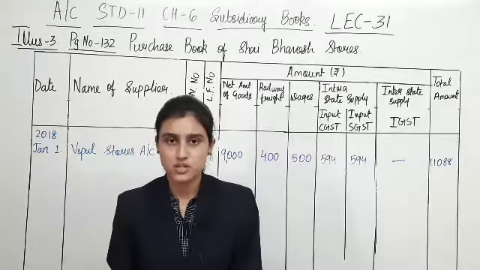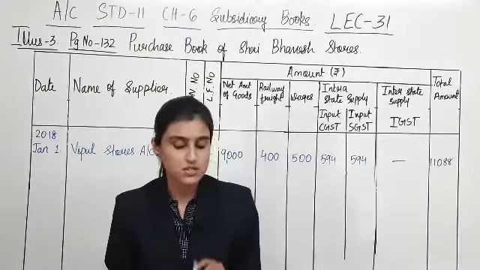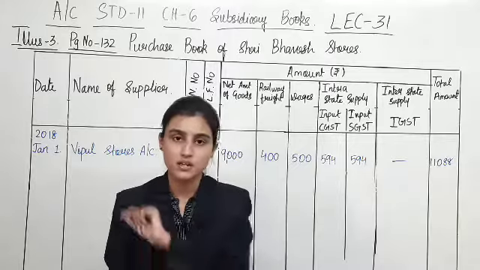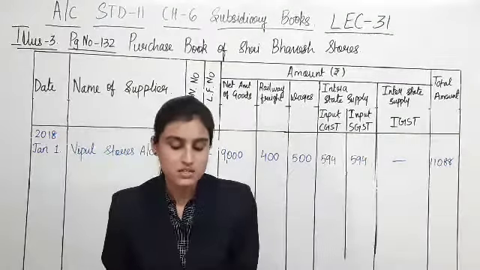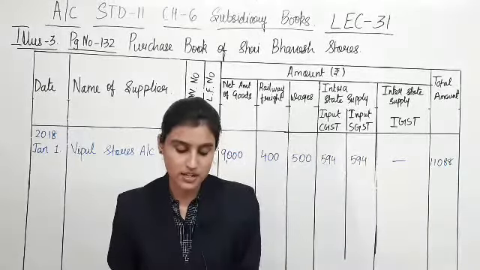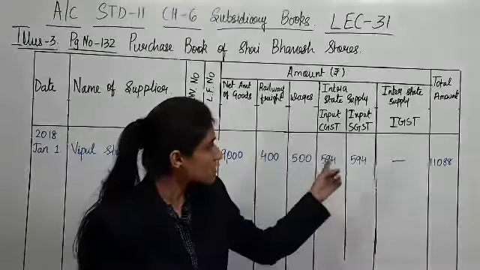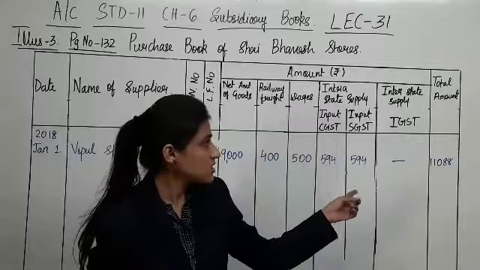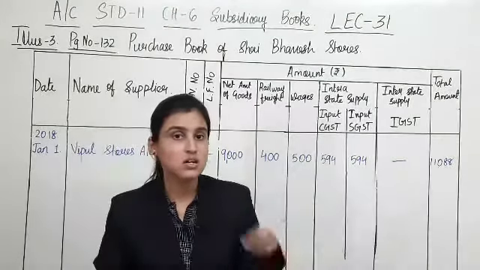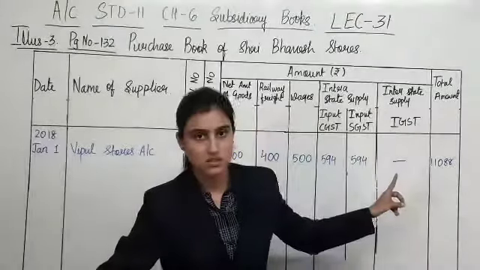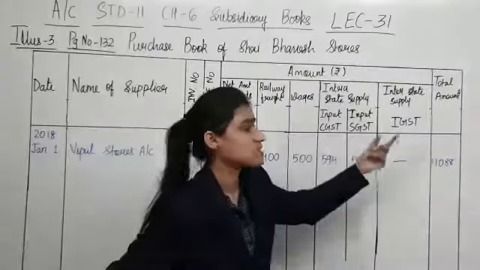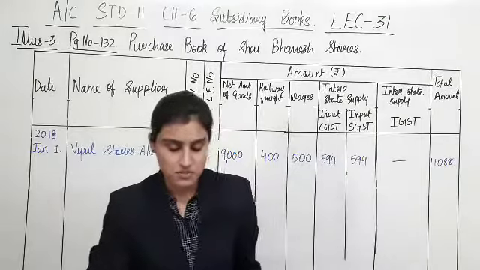This point we have already learned. So firstly, this transaction will be recorded with the entire amount in purchase book. Secondly, we are supposed to decide whether this is intrastate or interstate. You see, it is Maharashtra. So this is the other state. So on that we calculate IGST. I mean IGST applies on that. Right?